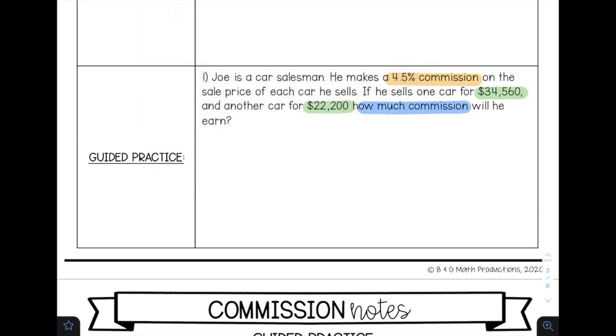Okay, so if you want to use your proportion, that's fine. You want to find your total sales, which is your 34,560 plus your 22,200. That's going to give you $56,760 of total sales. So let's set up our proportion. We have our 100.